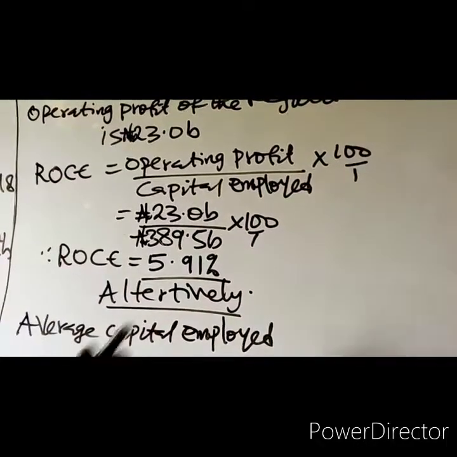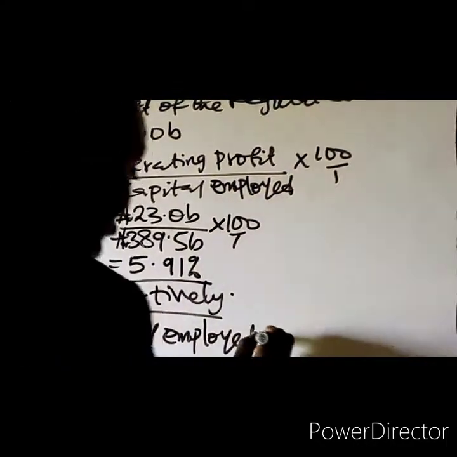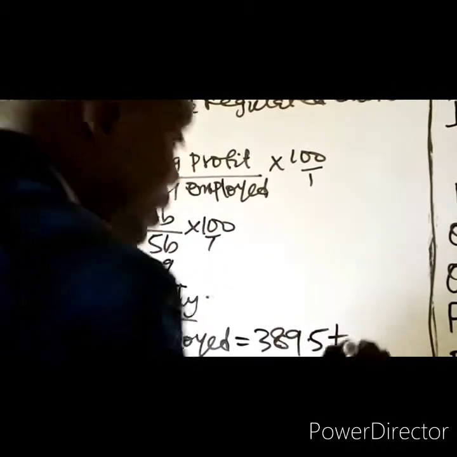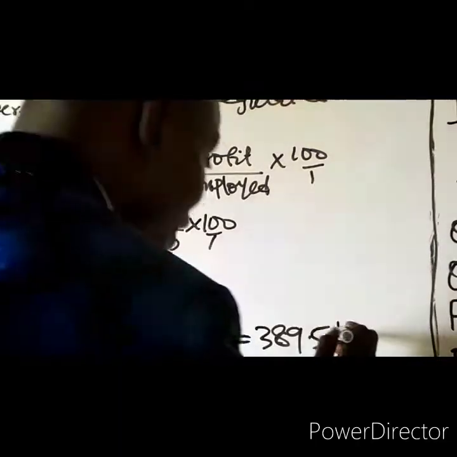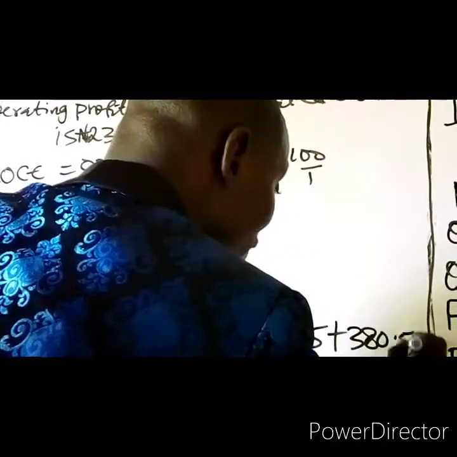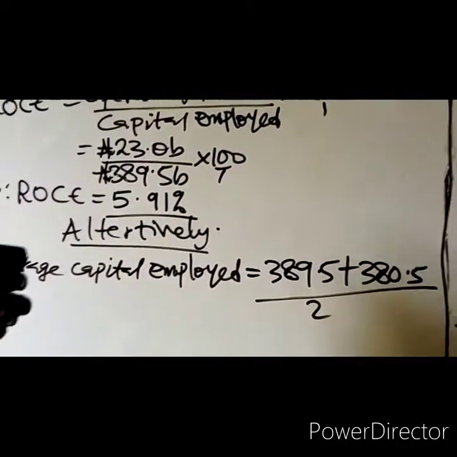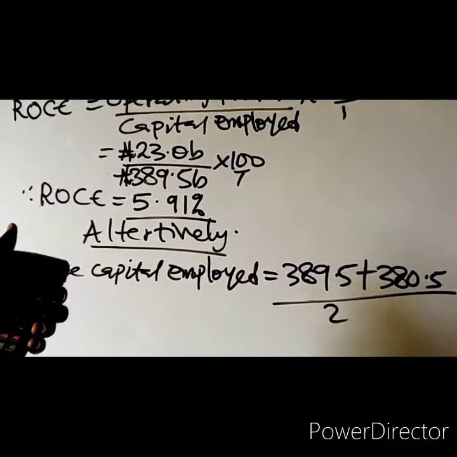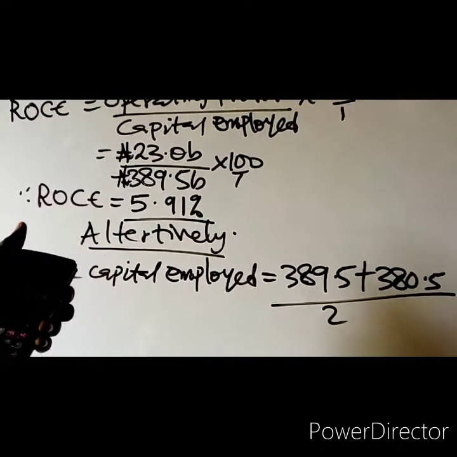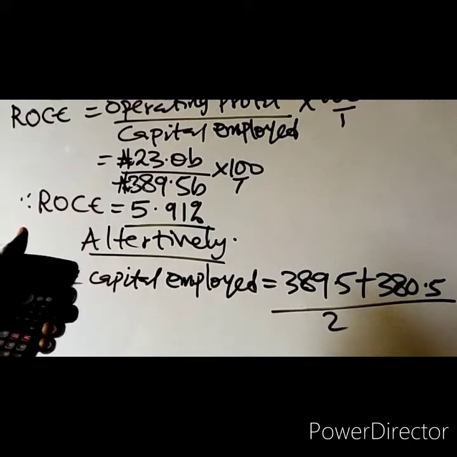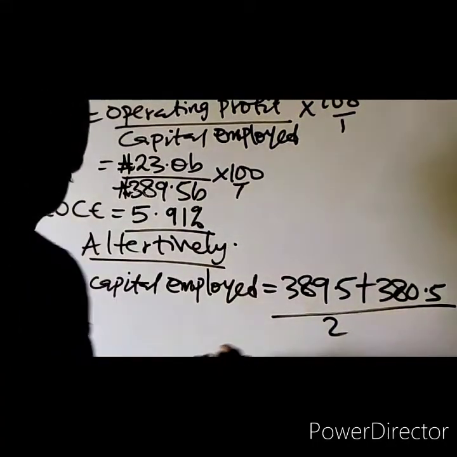If you like, you may use the average, which is 389.5 for 2018 plus 380.5 for 2017 divided by 2. That gives 770 divided by 2, which is 385 billion naira.